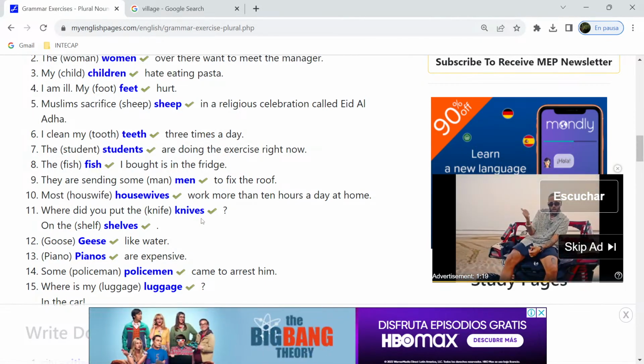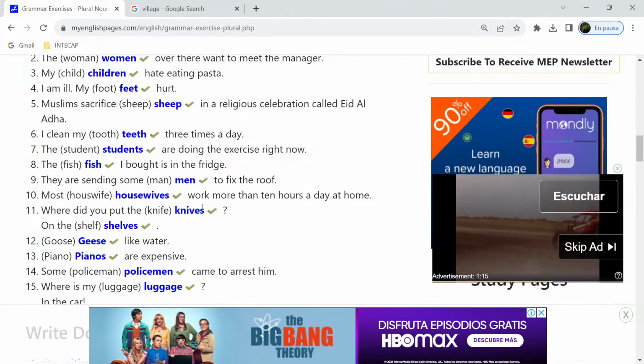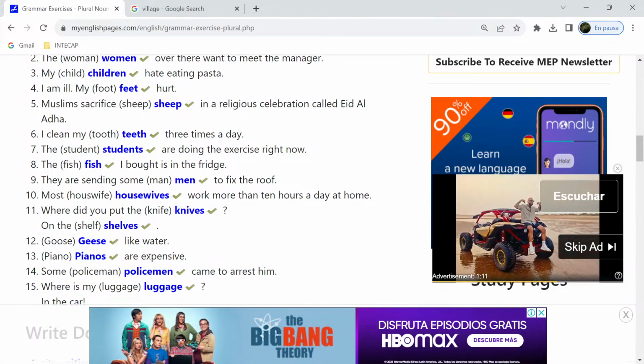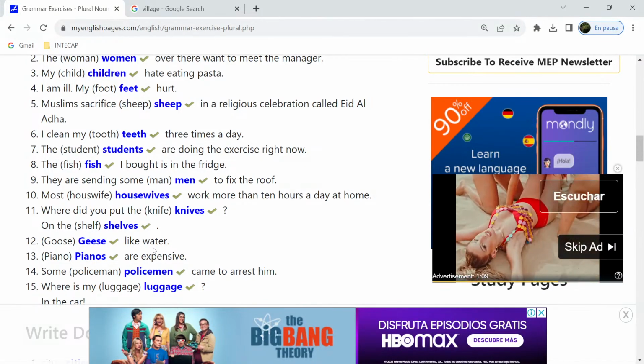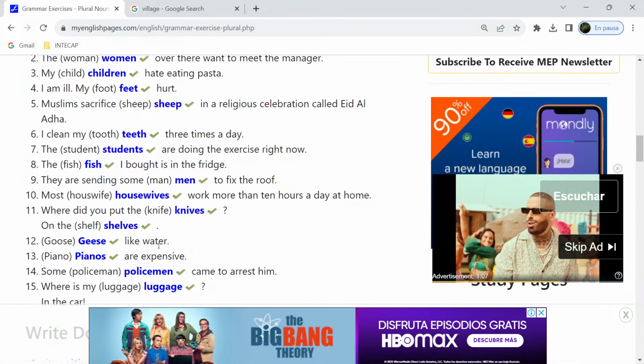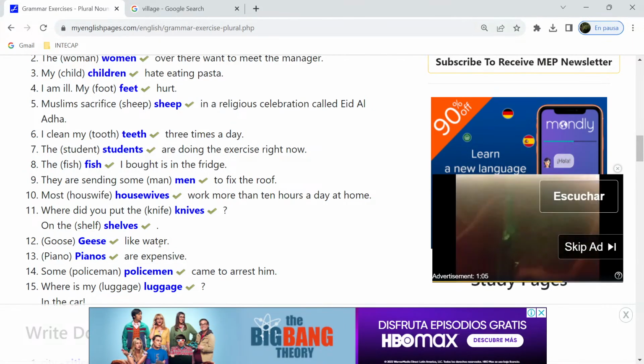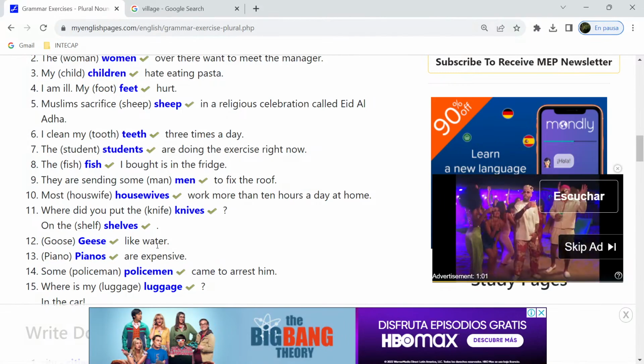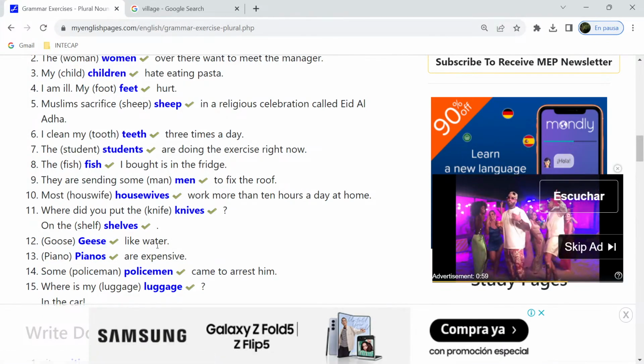For example, if I am talking in singular, then I have to use the singular noun, and I have to use the singular of the verb to be. If I am talking in plural, then I have to use the plural noun and also the plural of the verb to be, when the subject is not a subject pronoun. This is why it has to match.